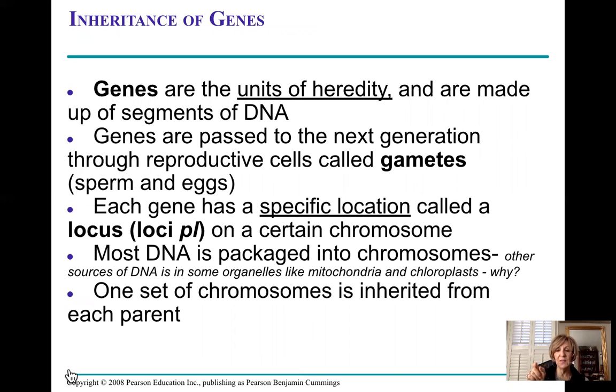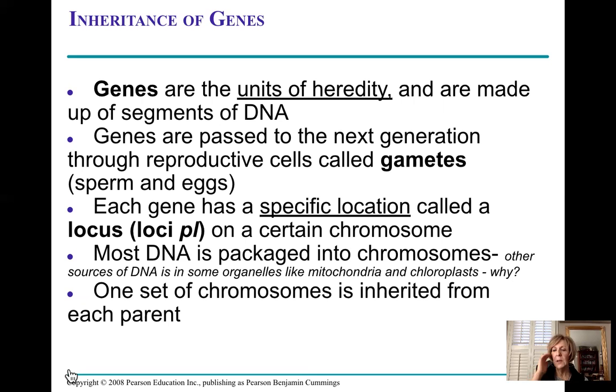Each gene is found on a specific place on a chromosome called a locus, or loci for plural. And most DNA is packaged into chromosomes, right? So for eukaryotic organisms, it's packaged into rod-shaped chromosomes, but we also have some extra nuclear DNA in eukaryotic cells, and that would be found in mitochondria and also chloroplasts.